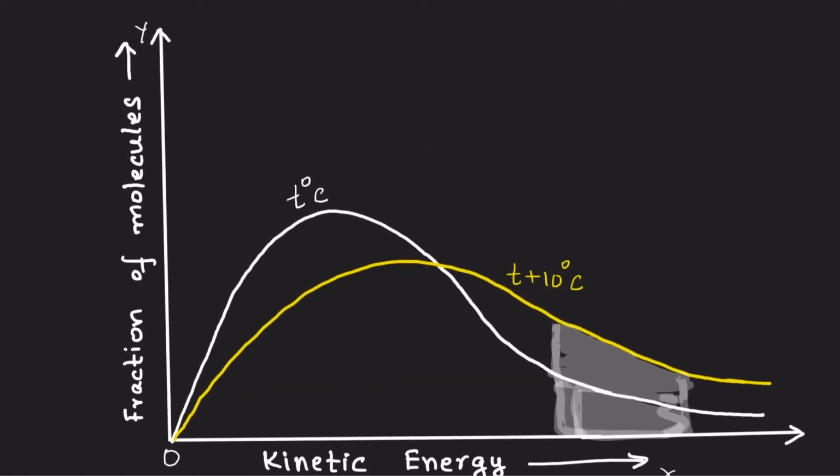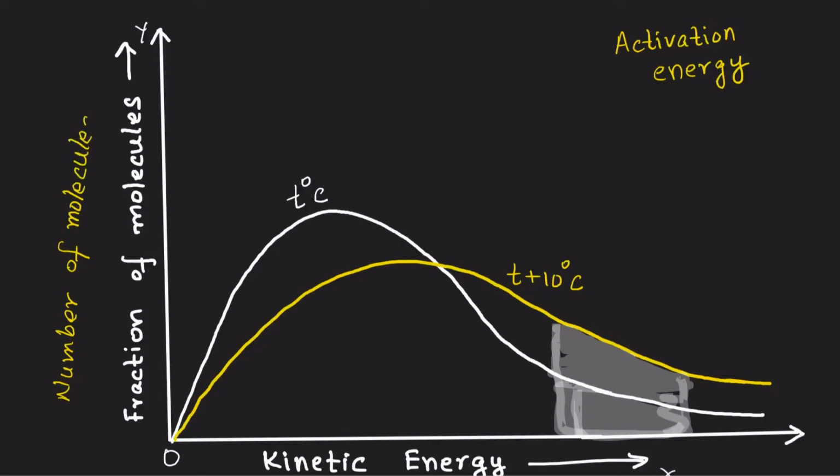Now, just now as I said, I have mentioned a new term over here, activation energy. Don't worry, I'm going to explain it now. Also, in some of the texts and some of the curriculum, you will find it written over here as number of molecules instead of fraction of molecules.